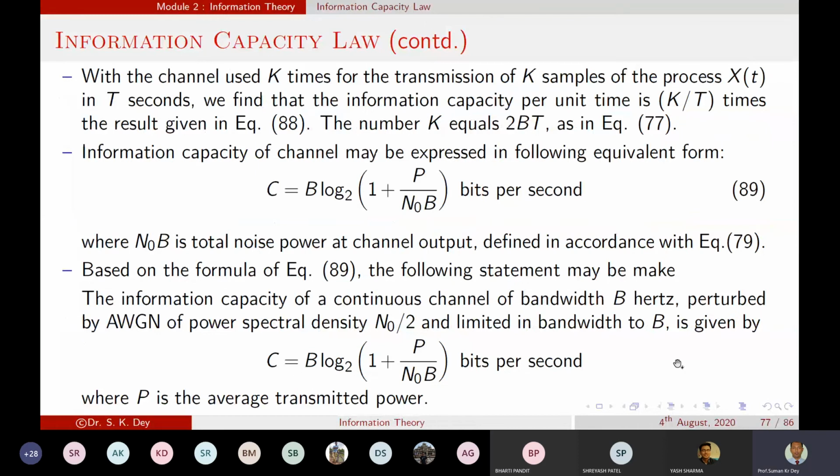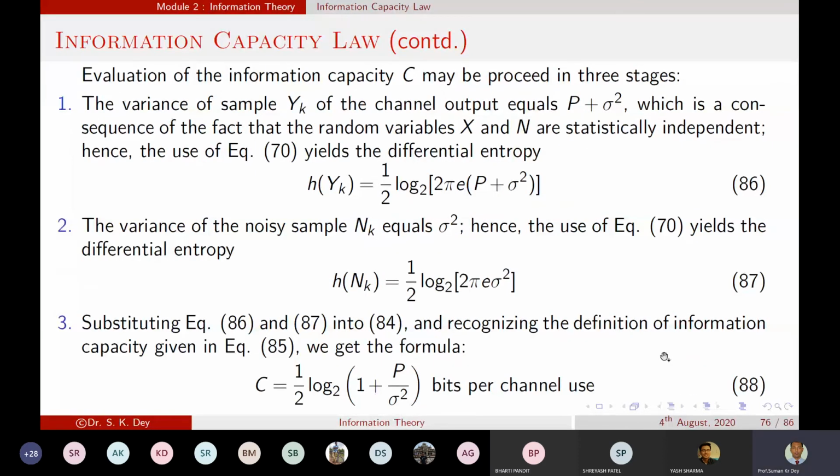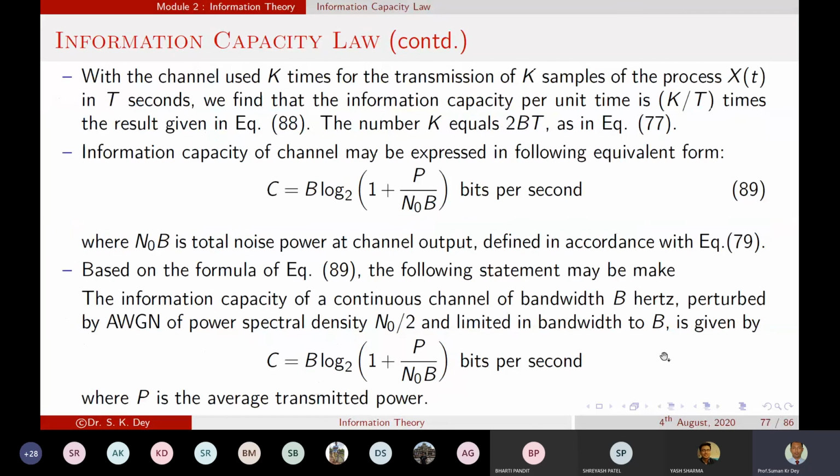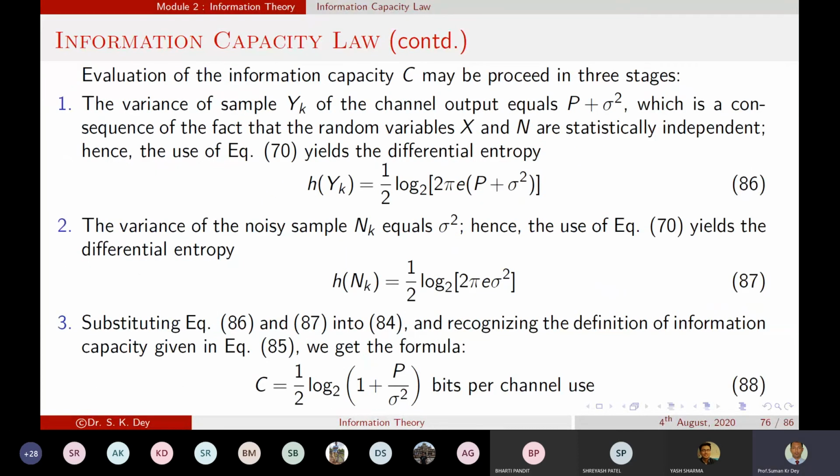Now this is the information in bits per channel use: when we use the channel once, this is the information we get, or the capacity of the channel.